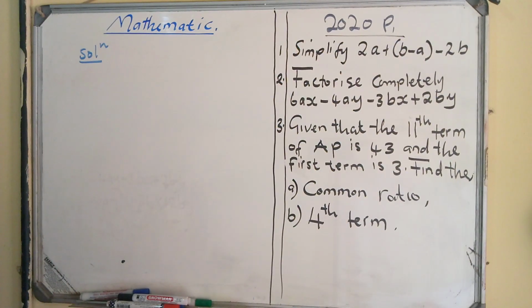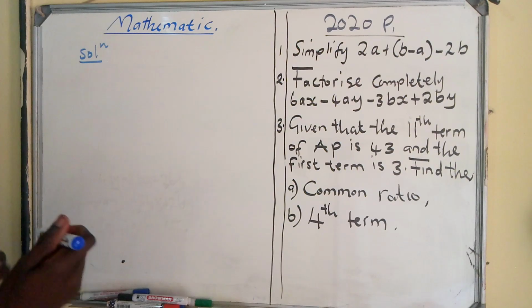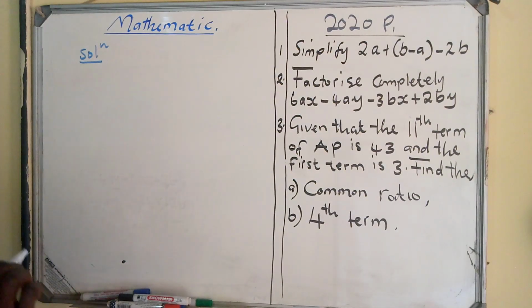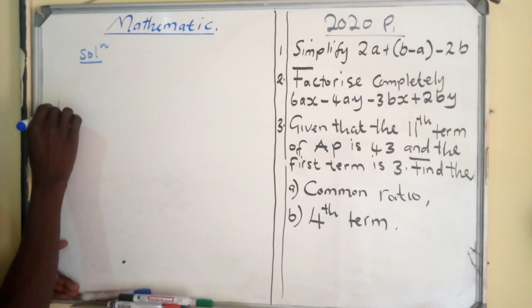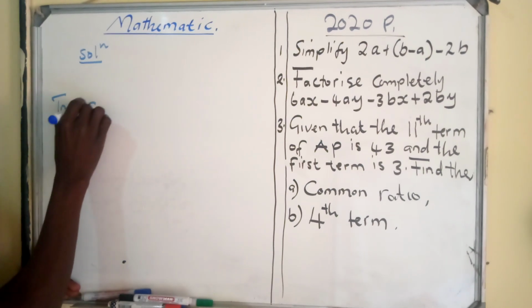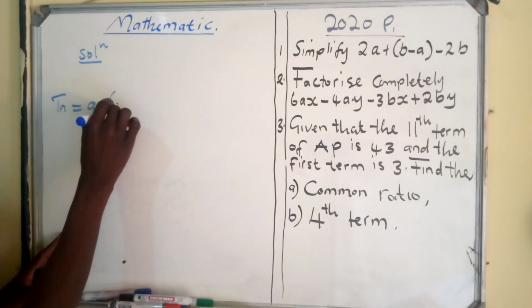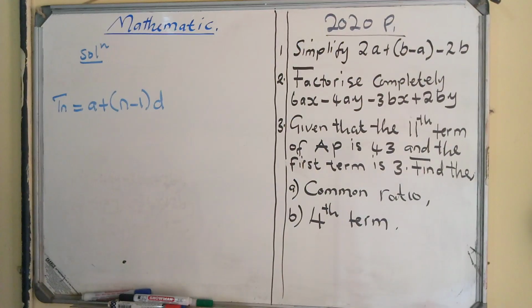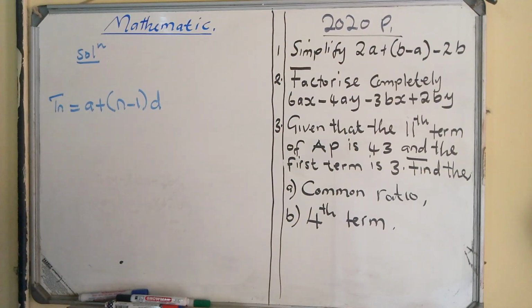So under arithmetic progression, we have got this formula, okay? Formula for finding the nth term or the difference. So we've got Tn equal to a plus, open bracket, n minus 1, and then d. Okay, so that is the formula that we use to find the nth term. So the nth term is the number in the sequence that is asked. Okay, so now you need to know, there are 3 letters that you need to know.